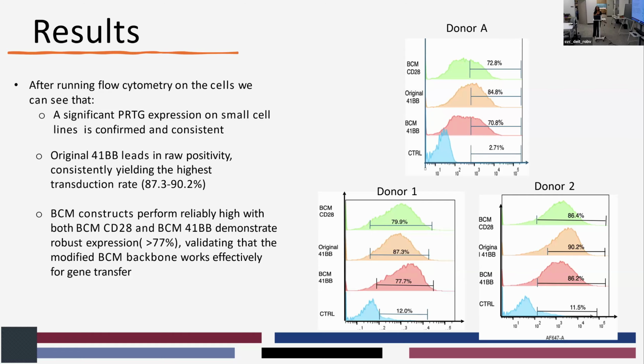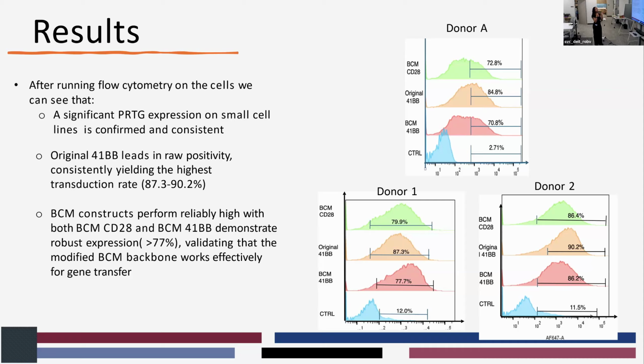And then our results. Donor A was our first run through the flow cytometer just to make sure the proliferating rate of the T cells was efficient. And then this was whenever we had our two specific donors. So as we can see, the PRTG expression on, one more time. And then the bottom is the control where there's no CAR cells, there's no PRTG, it's just the proteins.